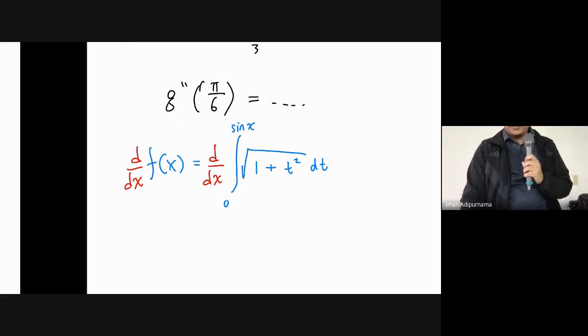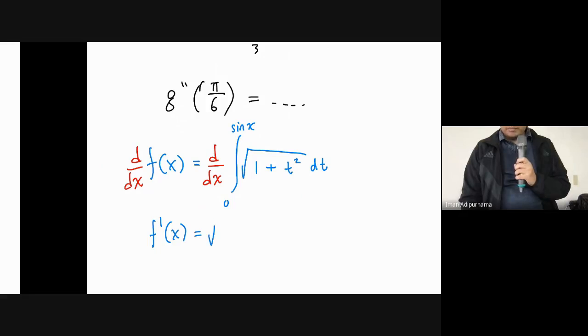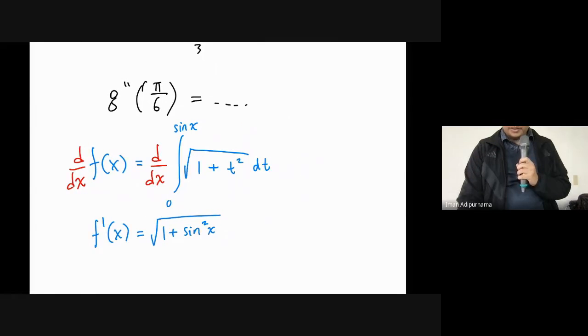So let me write f of x. Okay, let's differentiate this. It becomes f'(x), right? And this becomes the square root of 1 plus sine squared x. And don't forget you have the chain rule for the sine x. Write down the chain rule.